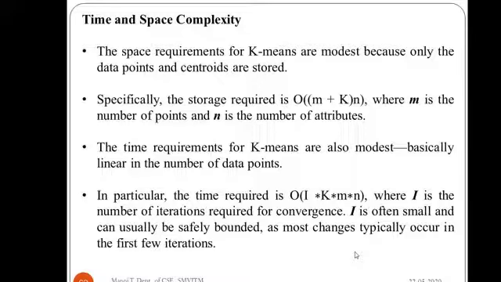So your time required depends on the number of iterations, the number of clusters you are going to form, and m times n, that is, the data points times the number of attributes for each record. I is often small and can usually be safely bounded, as most changes typically occur in the first few iterations. If you have many iterations, then your computation may be a little bit high.